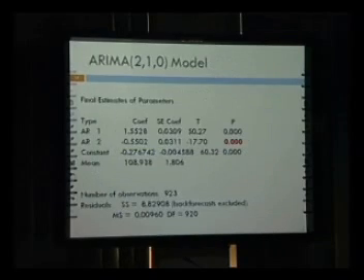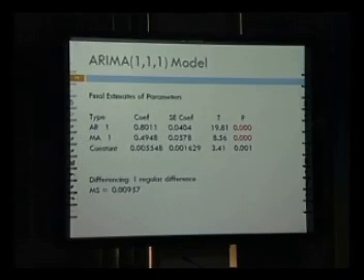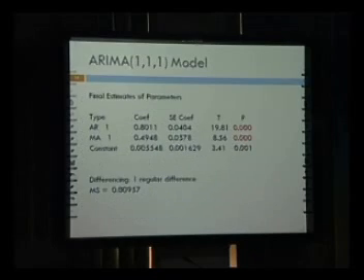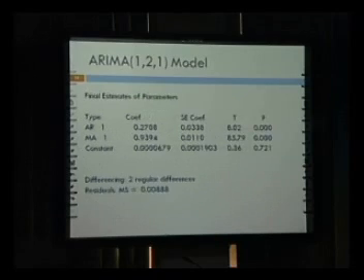So again, I tried the 210 model, and we have a bit less error term, and the AR2 model is also very significant. Then ARIMA 111, where we introduce the error term. Earlier it was 0, now we use 1, and the error is much less.